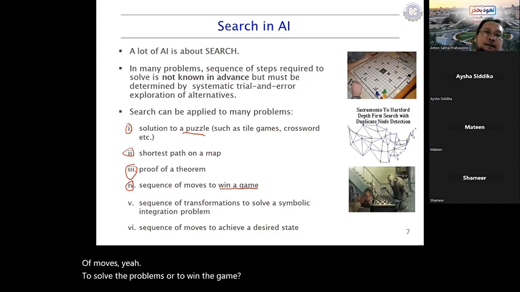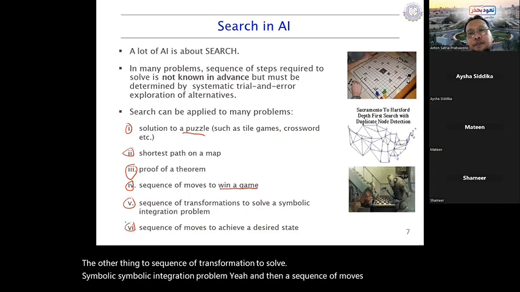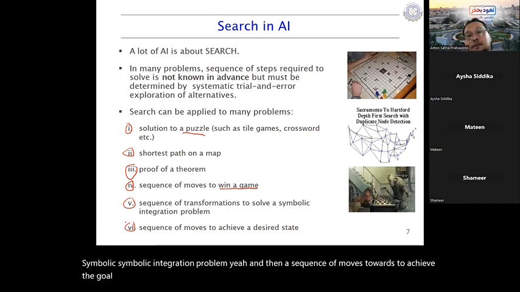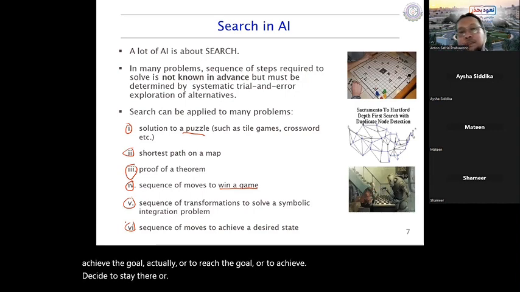And the other thing, the sequence of transformations to solve symbolic integration problems. And then a sequence of moves to achieve the goal, or to achieve a desired state, the goal state.